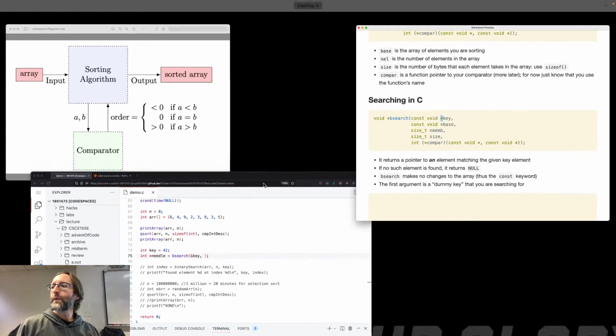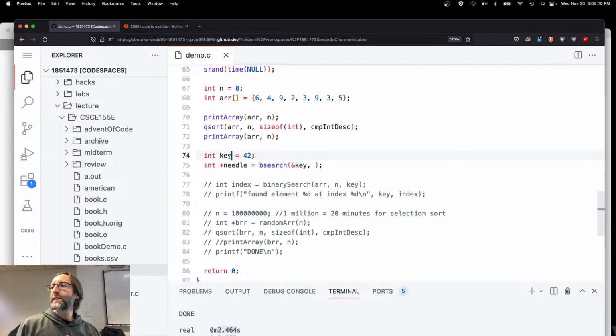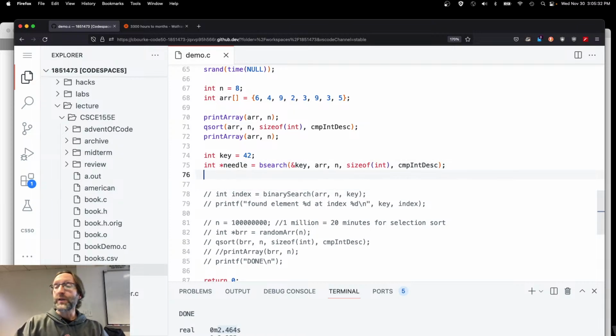A pointer. What is key? Is it a pointer? Nope, it's a regular old variable. So how do I take a regular old variable and change it into a pointer? By putting an ampersand in front of it. Otherwise, it's going to be exactly the same. Array, the number of elements in the array, the number of bytes that each element takes, and then cmp int desc. There we go. Now, if the search is unsuccessful, it will return null.